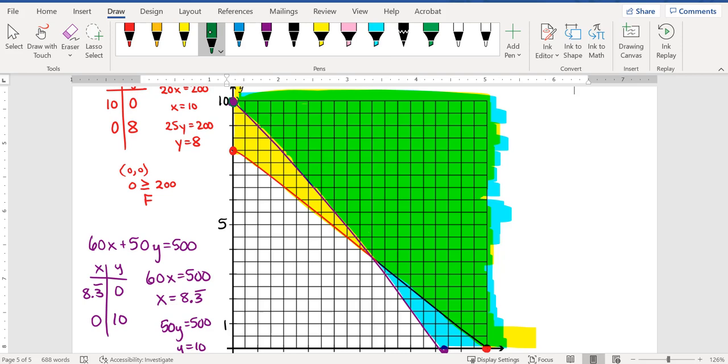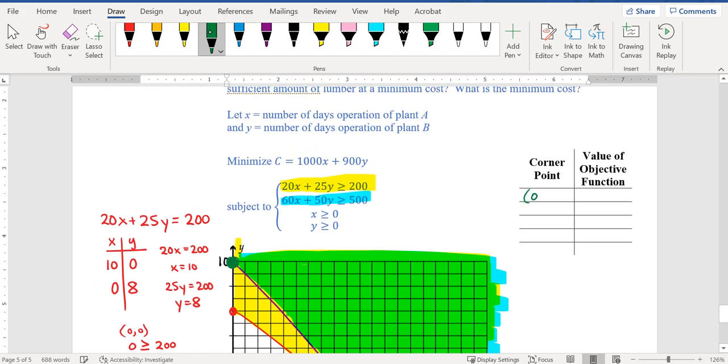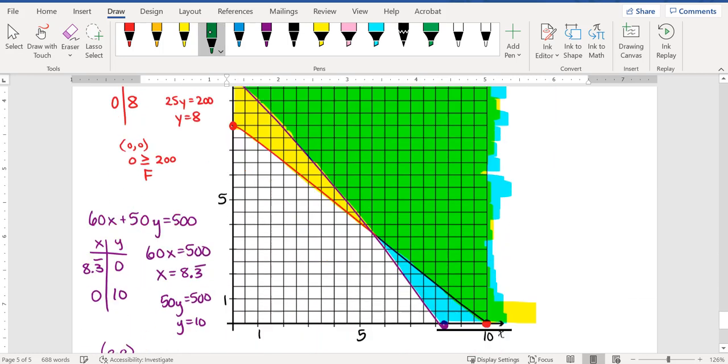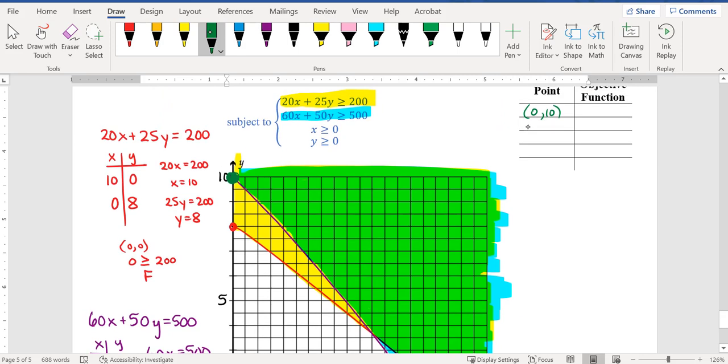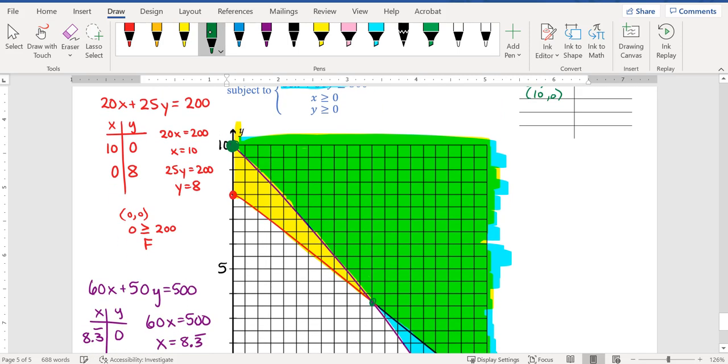My corner points will be 0, 10, 10, 0, and I'm not real certain right here. To find that, I could go on my calculator and RREF 20, 25, 200, 60, 50, 500.